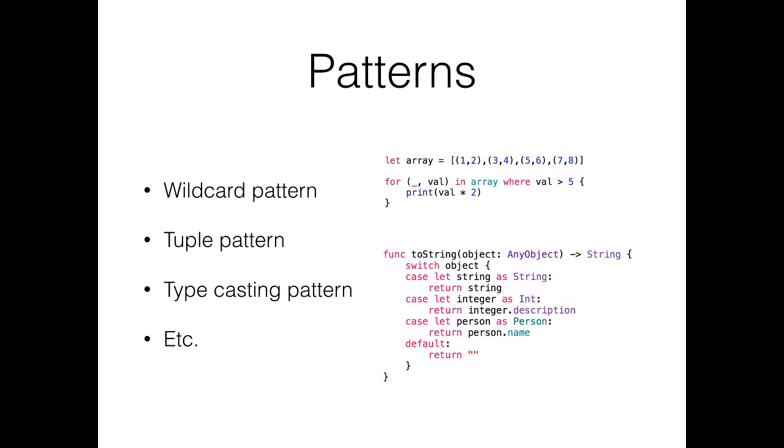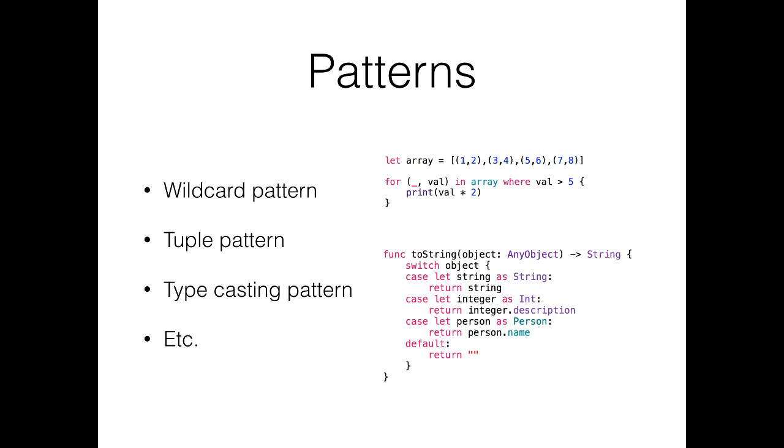So you go through a switch and you just work against strings, ints, and person. So you are only interested here in this case in ints, strings, and persons. And any other kind of object, you just return empty or nothing.